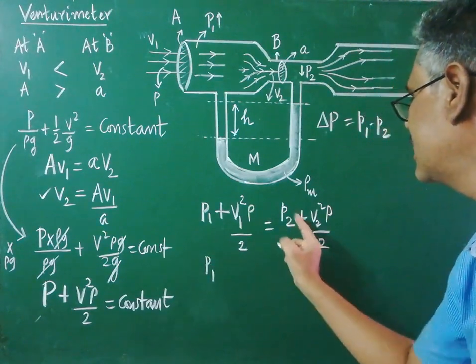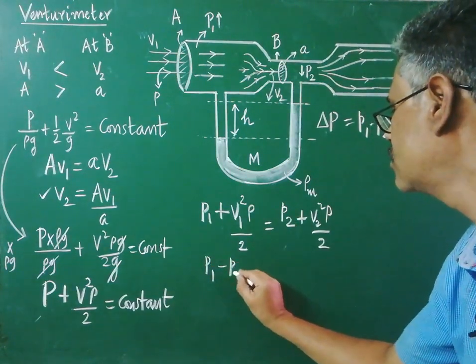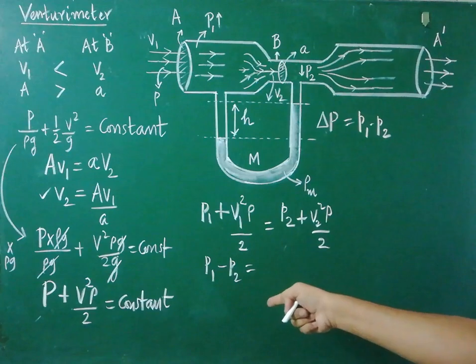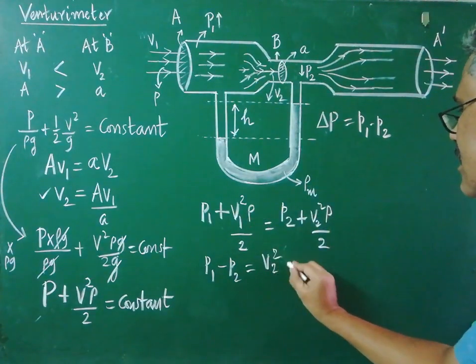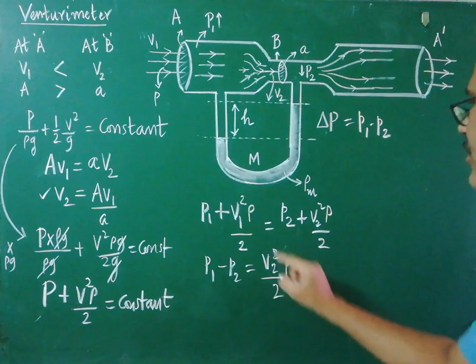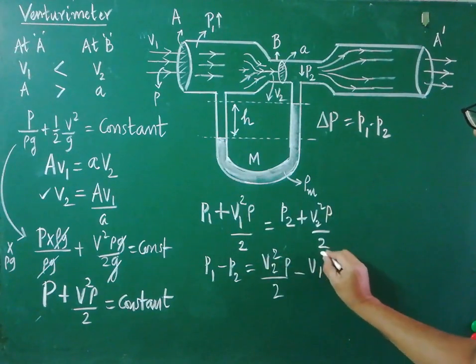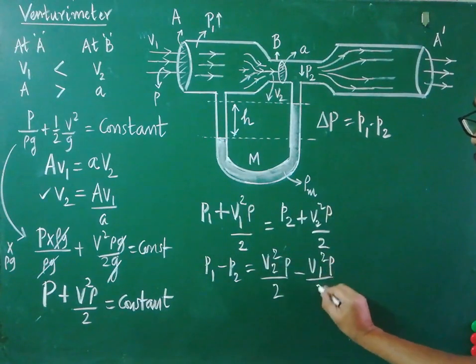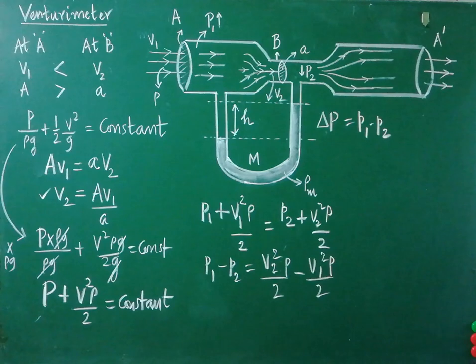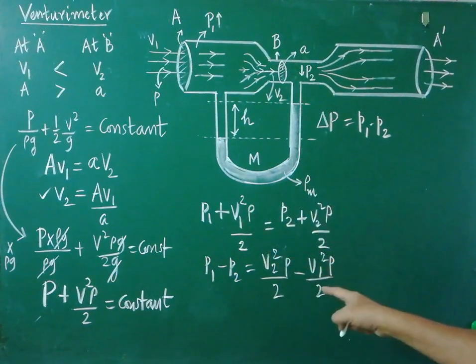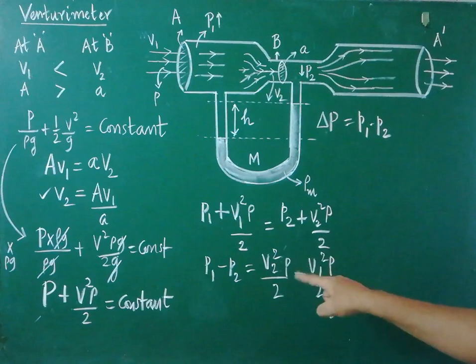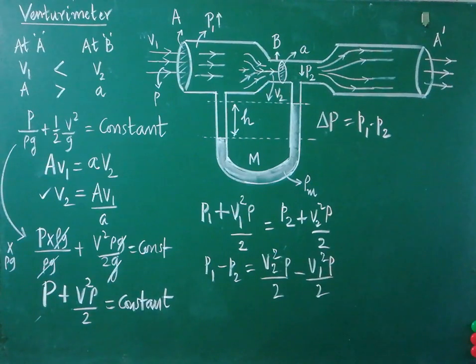P1, bring it here, minus P2. Bring this factor here: V2 square rho by 2 minus V1 square rho divided by 2. I have written it, is it clear? This factor is brought to this side, so automatically the sign must be changed. Understood?